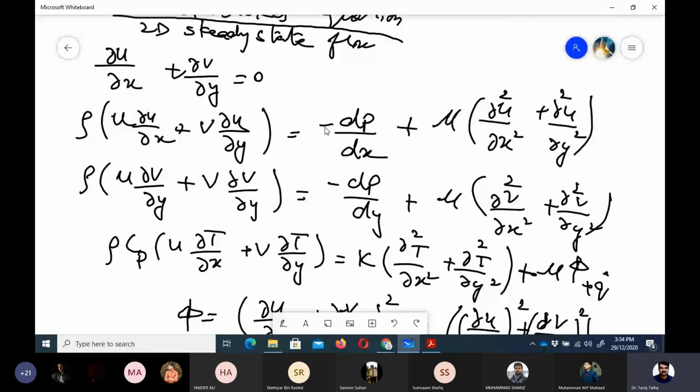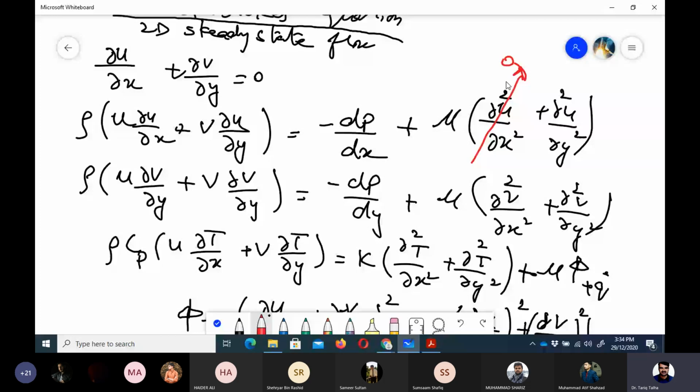And the dp by dx, the pressure gradient, also remains. What will go is the last term, partial squared u upon partial x squared, because partial u by partial x is very small. If we take the second gradient, it would be even smaller.